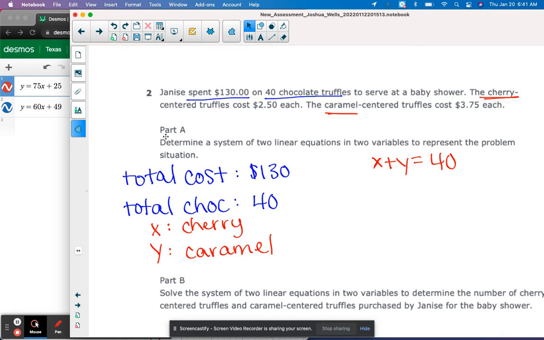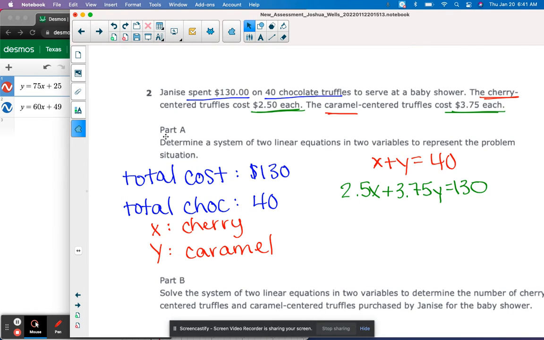Okay. Next thing we need to look at is the total cost. Cherry truffles cost $2.50 each, so 2.5x, plus caramel ones cost $3.75, so 3.75y, equals 130.